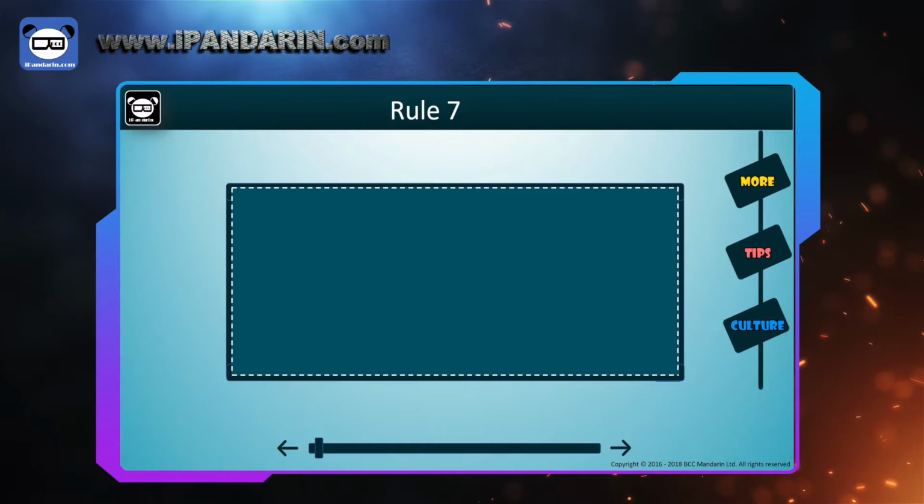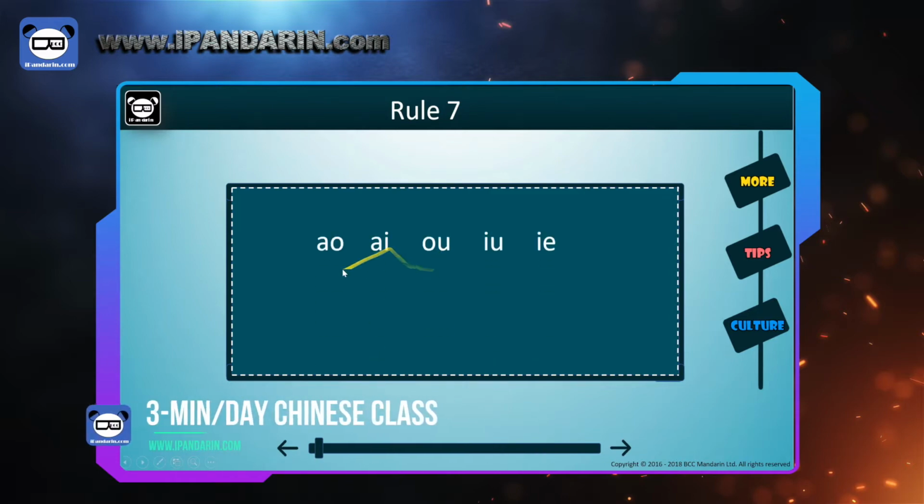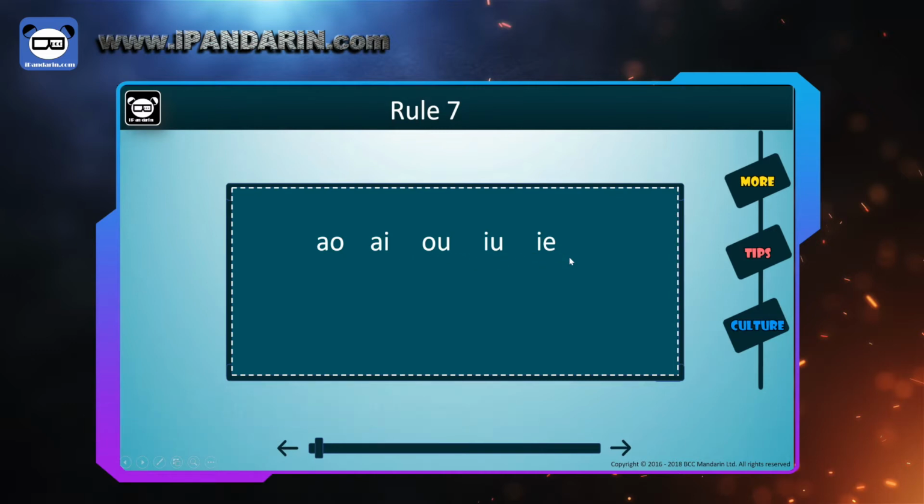Rule number 7. When a final consists of 2 or more letters, on which letter should we mark the tones? Remember this. We should always find a first. When there's a in the final, we should always mark the tones on a.